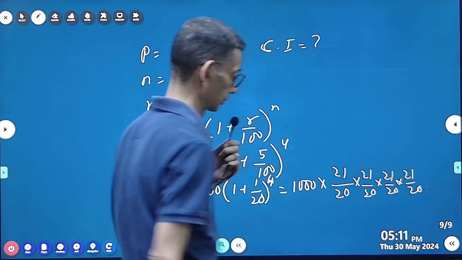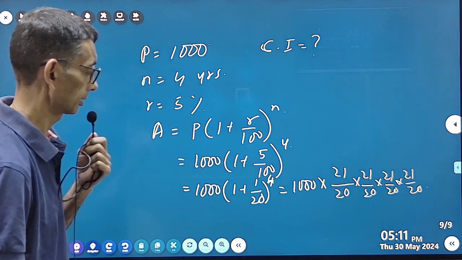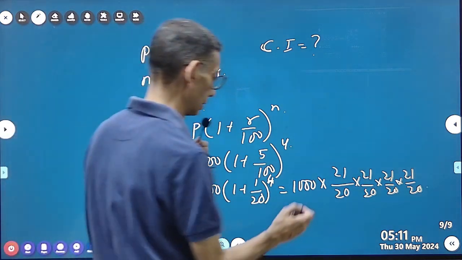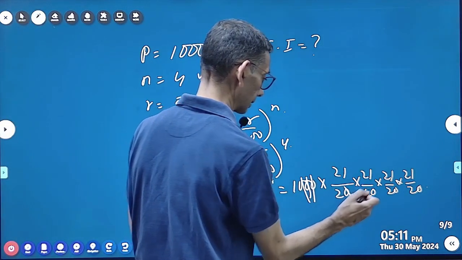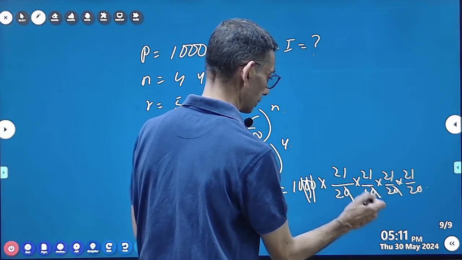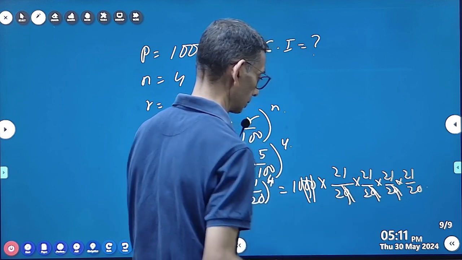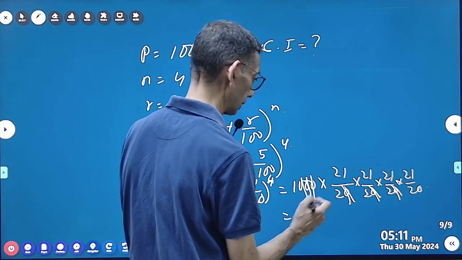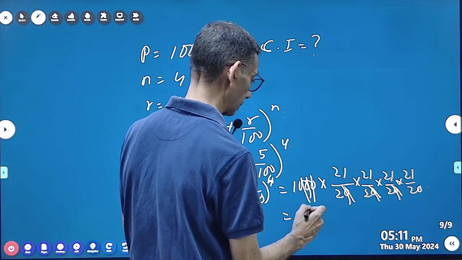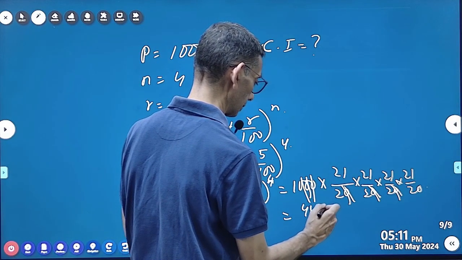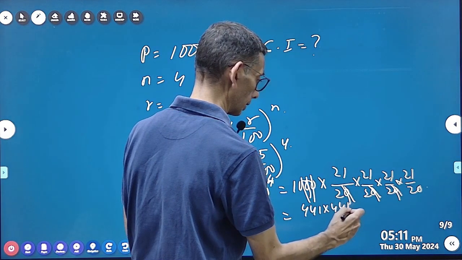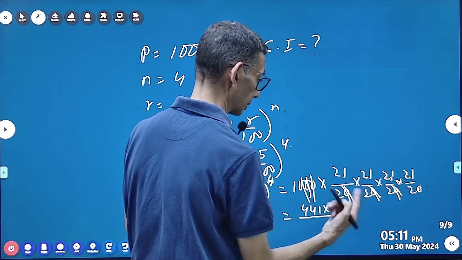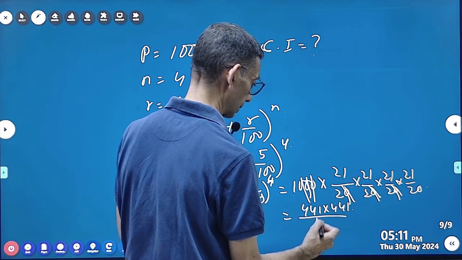21 by 20, 4 times, and you can cancel now. So 1000 into 21 into 21 into 21 into 21 over 20 into 20 into 20 into 20. 21 into 21 is 441, right? So 441 into 441, divided by 16 into 10, that is 160.